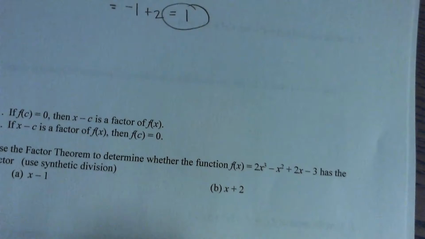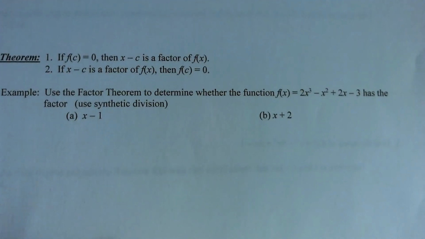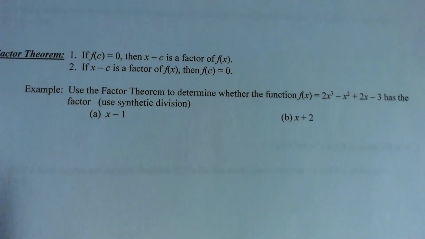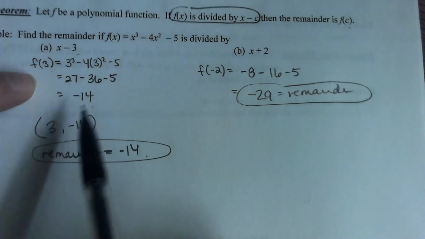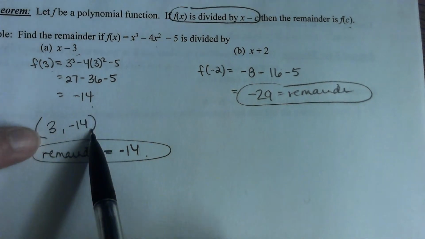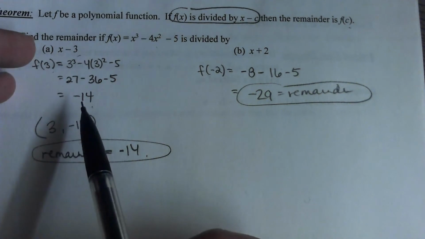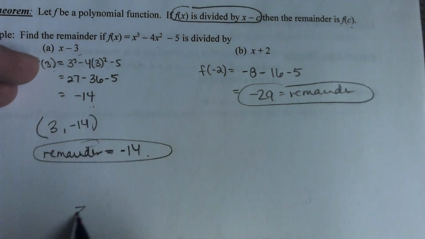And so then this is where it also comes into play that if you do get a remainder of 0, going back to the point I made up here, we plugged in 3, we got a remainder of negative 14. That's the point 3, negative 14. If you plug in 3 and you get a remainder of 0, then the point would have been 3, 0, and 3, 0 would therefore be a root.